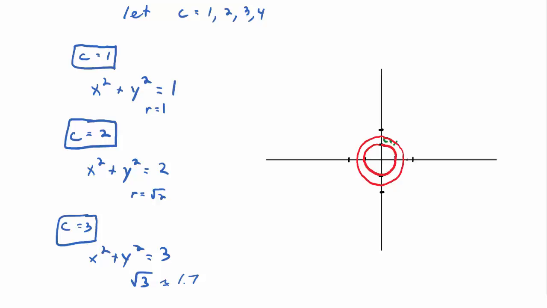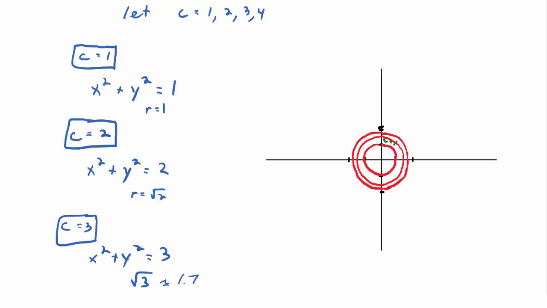So 1.5 is in here somewhere. 1.7 is in here somewhere. I should have gone with my spacing a little further up with this one. That's okay. You'll get the idea. So notice this circle is closer to the last circle than the last circle was to the first circle. Does that make sense?